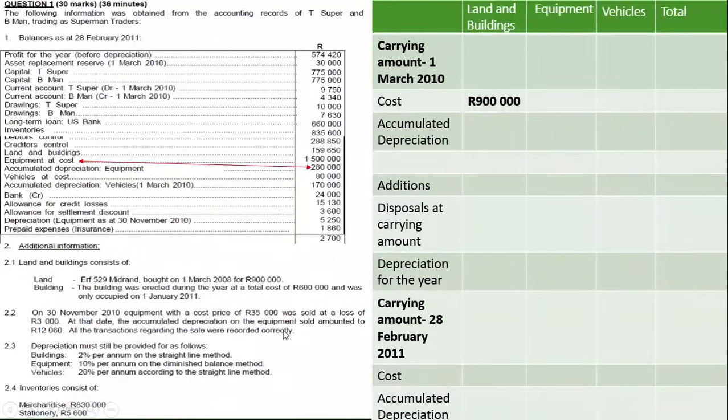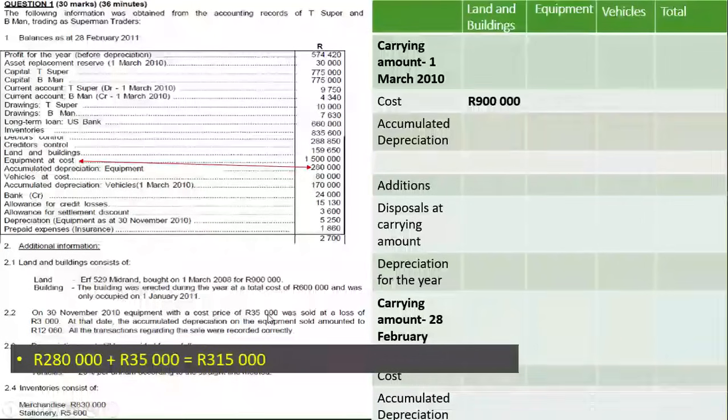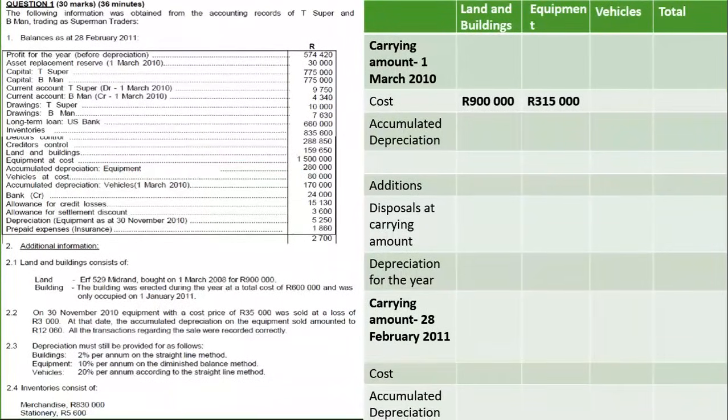So we take 280,000 rand and we add the actual cost of the equipment sold, which is 35,000 rand. So that is what we do. 280,000 rand plus 35,000 rand equals a total of 315,000 rand, and that is what to plug in under equipment. So you can see that dates play a huge role when we're doing our PPE notes, so we need to pay very careful attention to them.